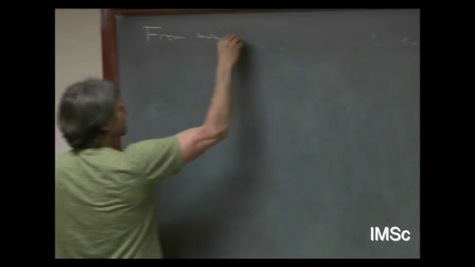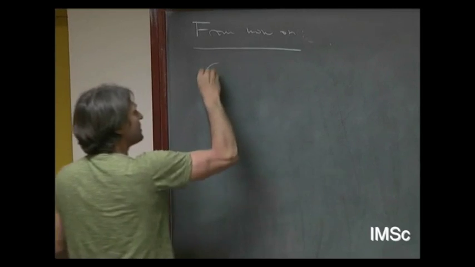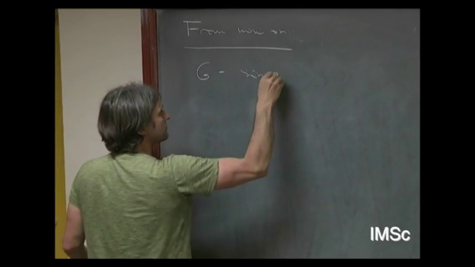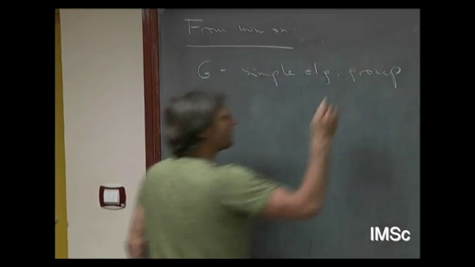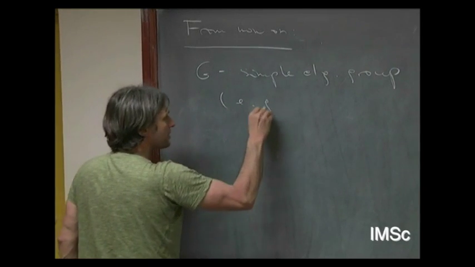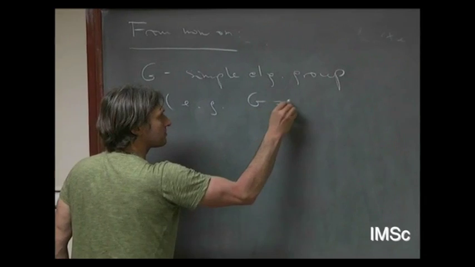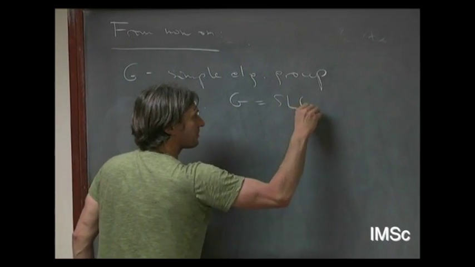So let me fix notations. From now on, G is a simple algebraic group, and if you wish, it's always SLn over complex numbers.